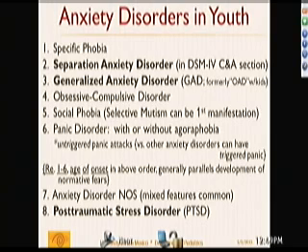It's the three of them that are in bold that we're going to go into discussing a bit more here. And after making the distinction that with panic disorder, the panic attacks are untriggered, whereas in other conditions such as PTSD, other anxiety disorders, and even depression, there can be panic attacks that are triggered.